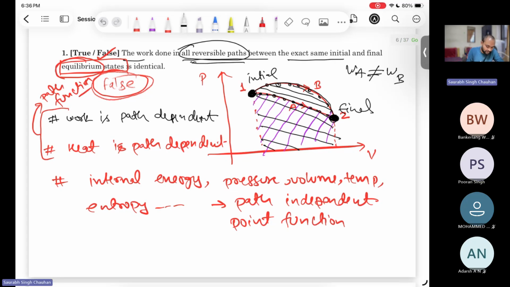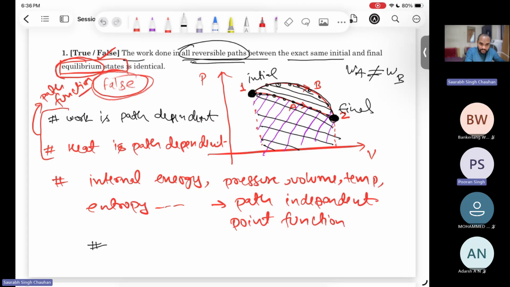Okay, sure. It may happen that the initial state and final state are in equilibrium. In state 1, the initial state, the system can be in equilibrium. Now the system is brought to the final state, state 2, and in state 2 also the system can be in equilibrium.